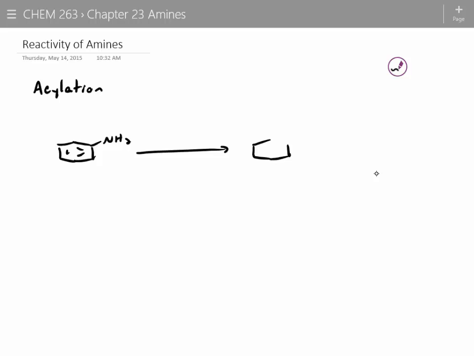What's an acyl group? It's like an aldehyde, but instead of a hydrogen, it's a carbon group. Yeah, so this is an acyl group. We saw this during our synthesis of Tylenol, right?